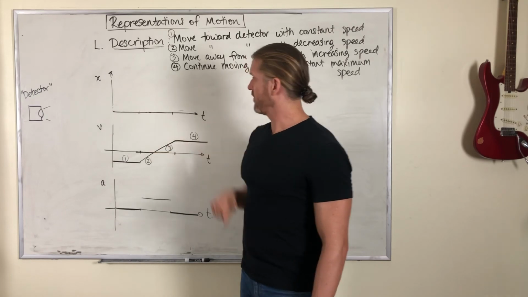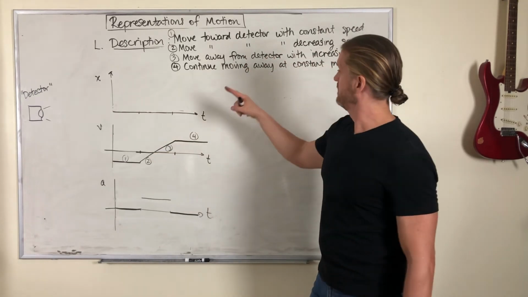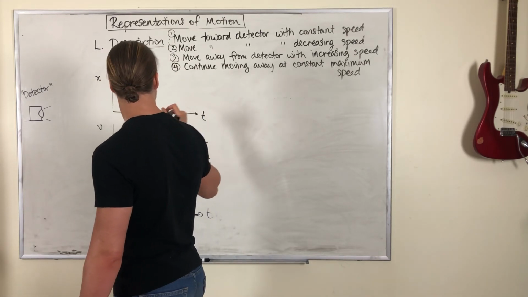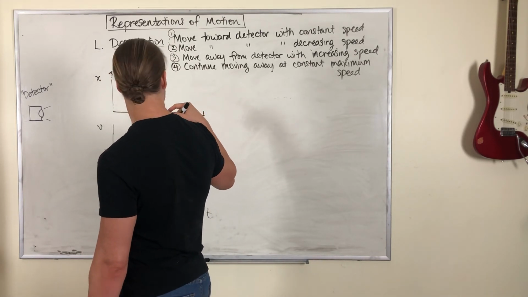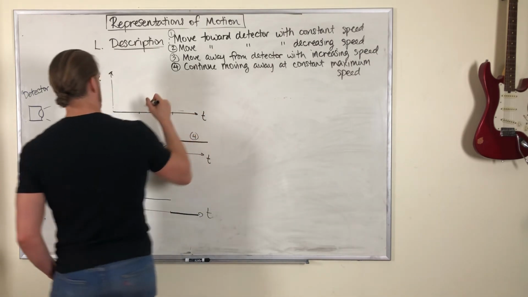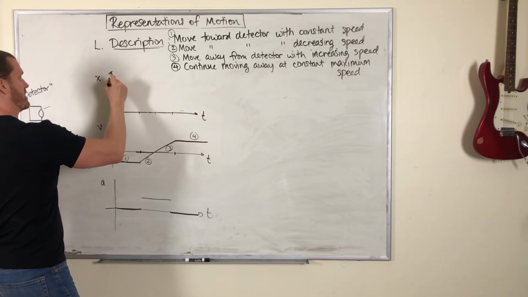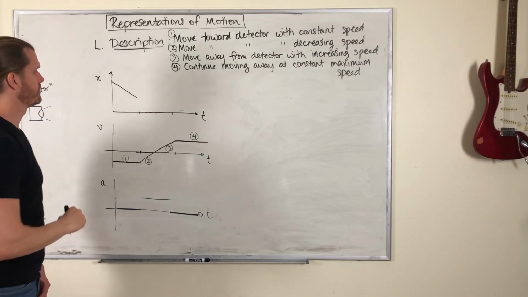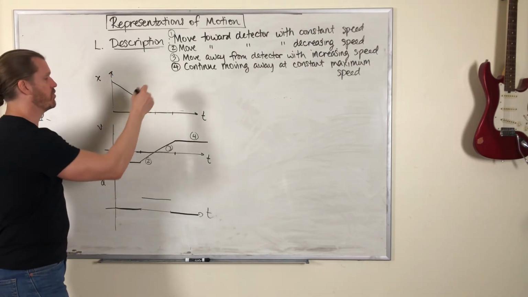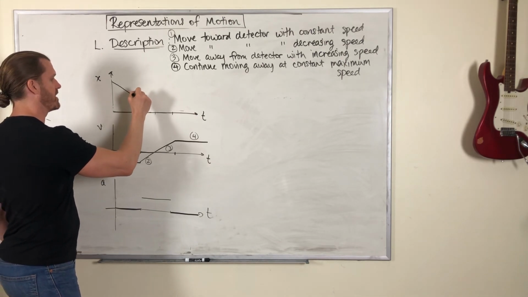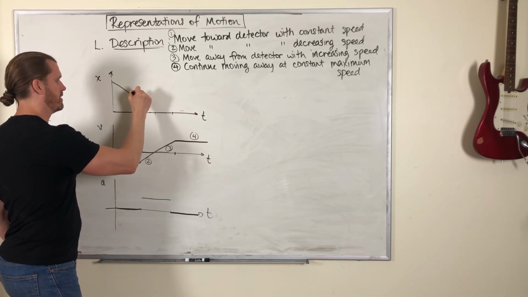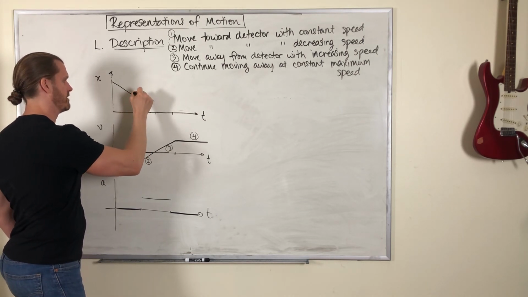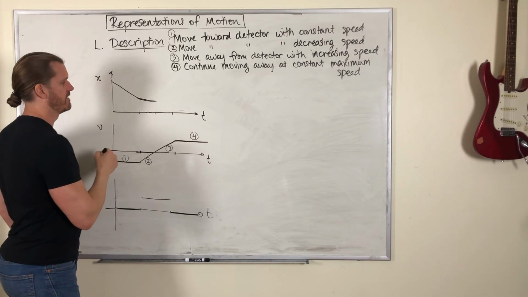And the way to draw this graph is, again, in a few segments. So first we're moving toward the detector with constant speed. So our position would be decreasing. And we keep moving toward the detector with decreasing speed, so this is going to be parabola shaped.